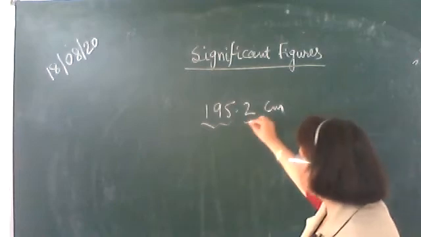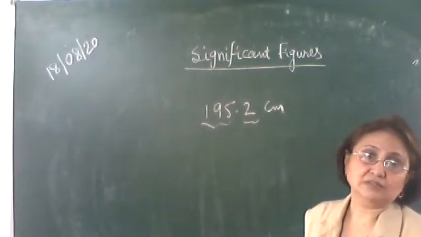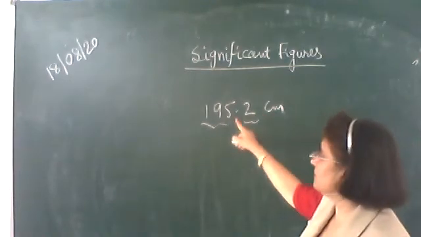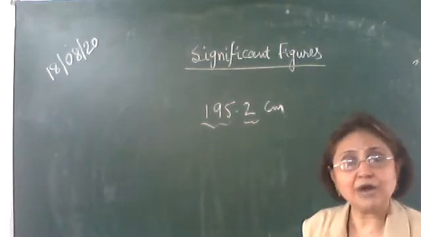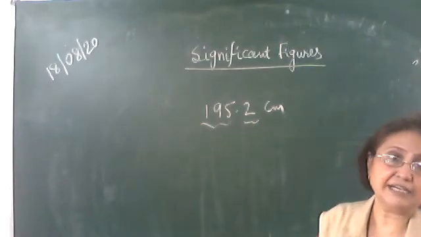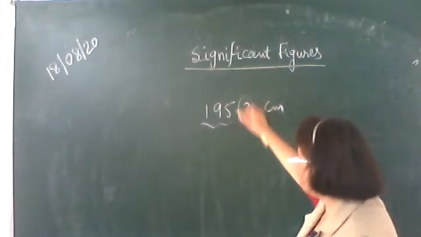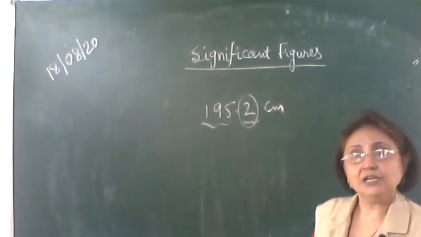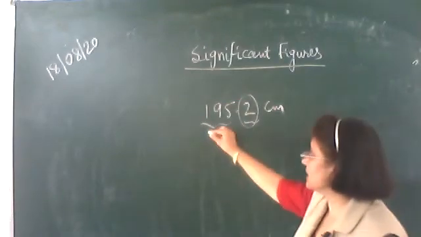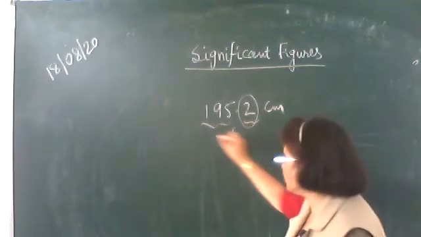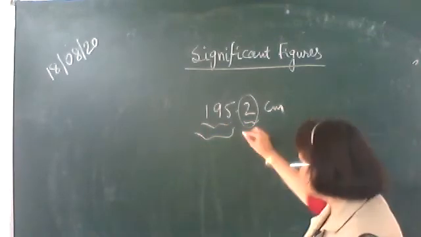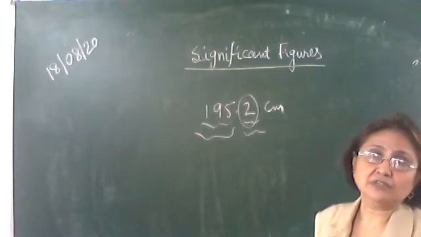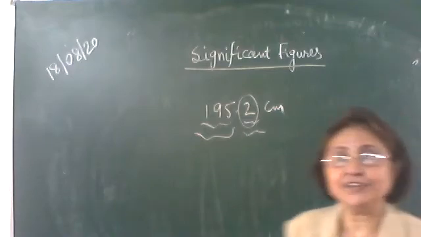But the last digit is uncertain. Why? Because the answer may be 195.1 or it may be 195.3. So the last digit is uncertain. Now significant figures means the total number of digits which are reliable plus the last digit which is uncertain. Together it makes a significant figure.